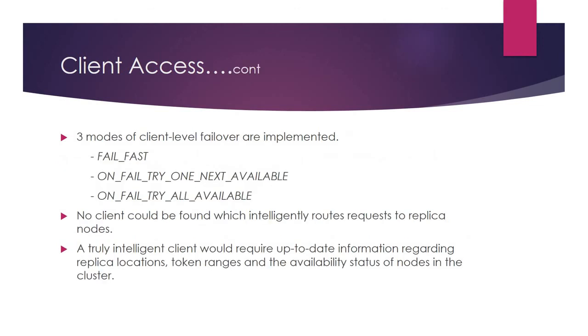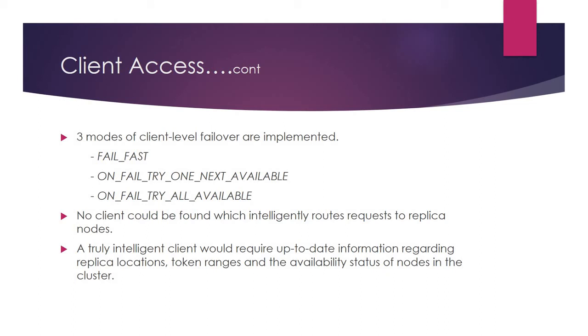Basically we have three modes of client level failover in the Thrift API. The three modes are fail fast, on fail try one next available, and on fail try all available.